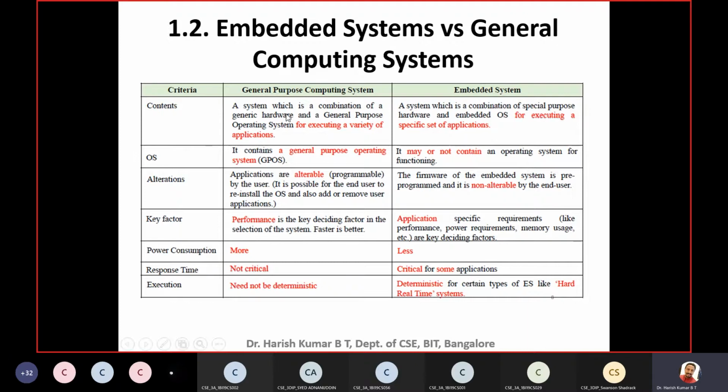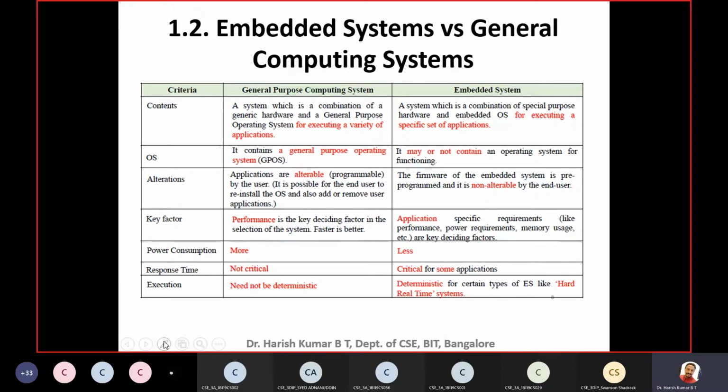The operating system is also a general purpose operating system, or GPOS, for executing a variety of applications. So a general purpose computing system consists of generic hardware with a general purpose operating system, which allows you to execute many different types of applications. That is the content of a general purpose computing system.